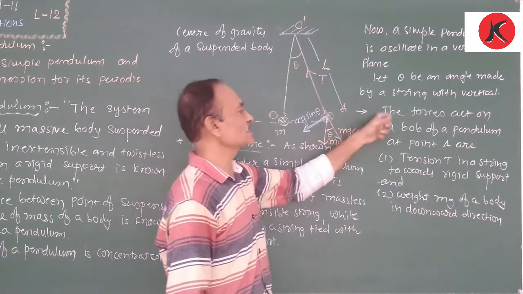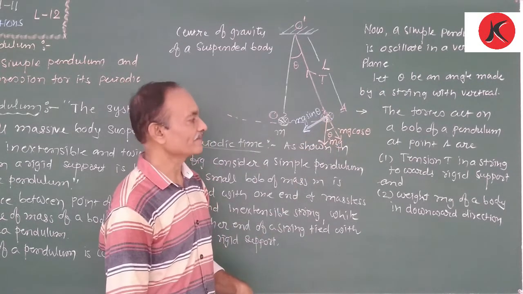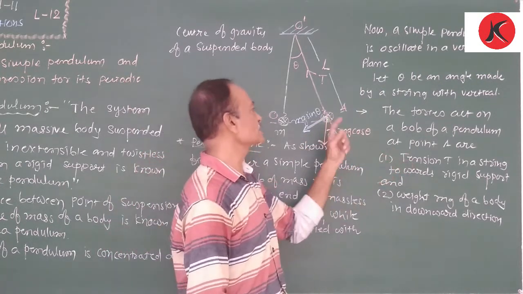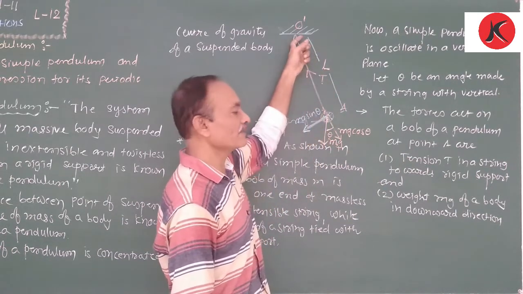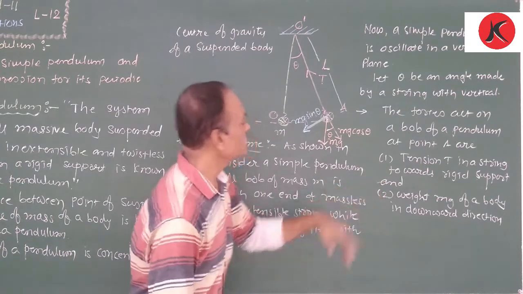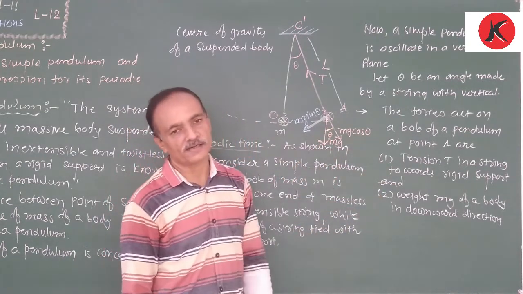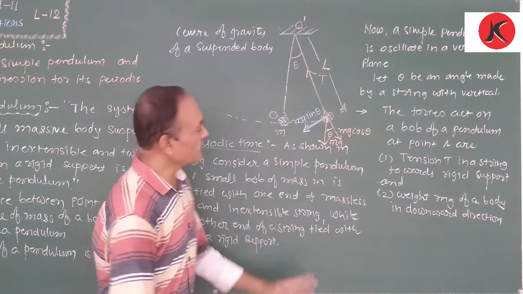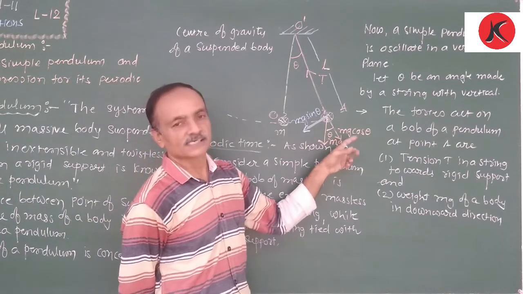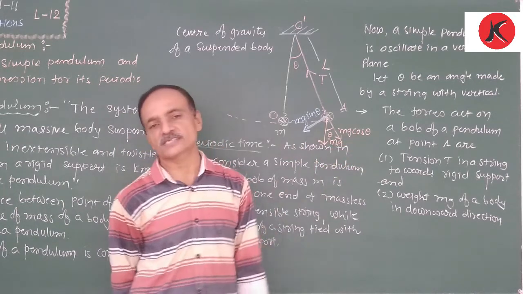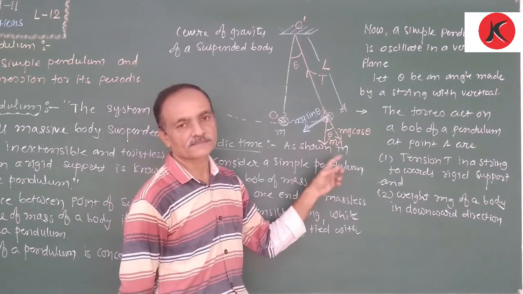Therefore, the forces acting on a body at point A: first is the tension in a string towards the point of suspension, and second is the weight mg of the body in downward direction. Now here we have to consider the two components of weight mg. One is the parallel component mg cos theta, known as the radial component of mg.